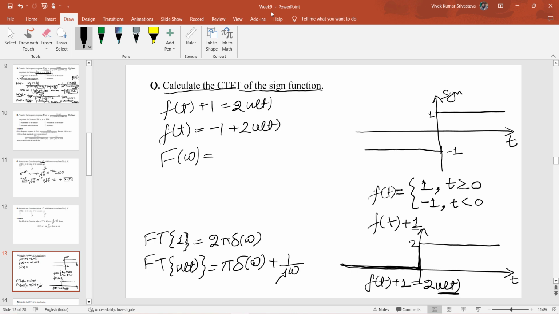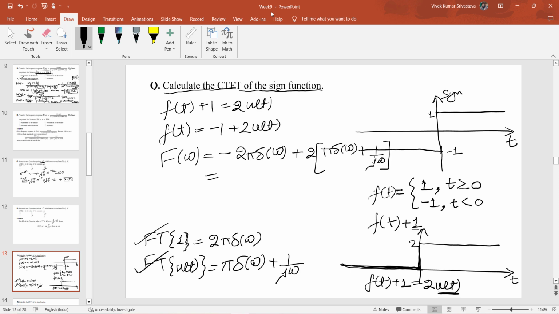We will use these properties and directly substitute them in this equation, and we will get minus 2 pi delta of omega plus twice of pi delta of omega plus 1 over j omega.